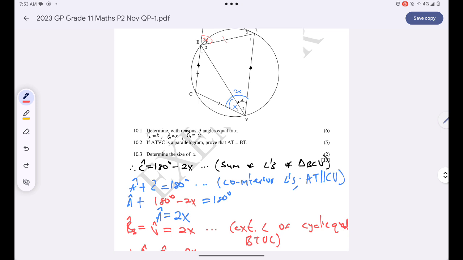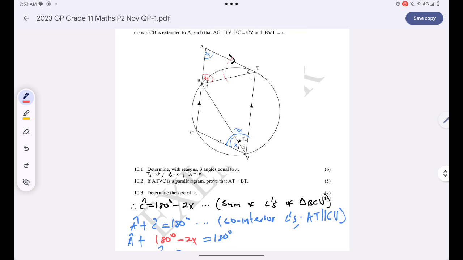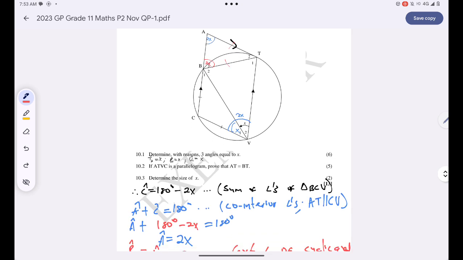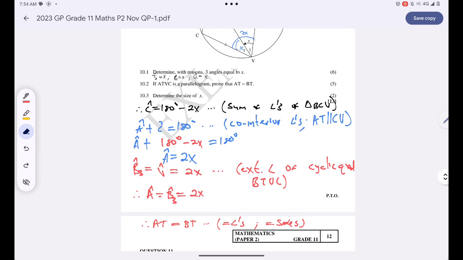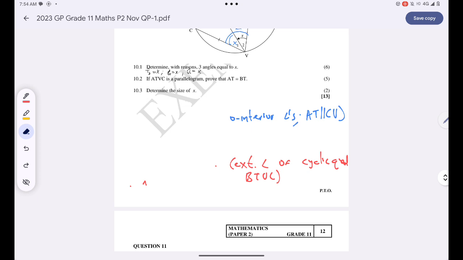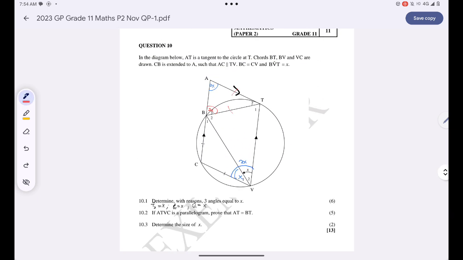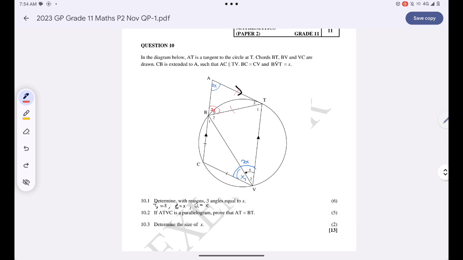Okay, and then now we must determine the size of x. Let me erase here for me to write. How can we determine the size of x?